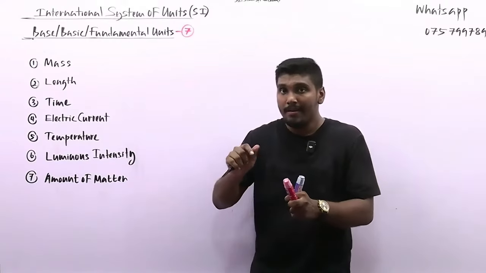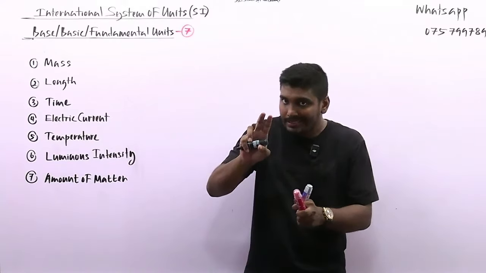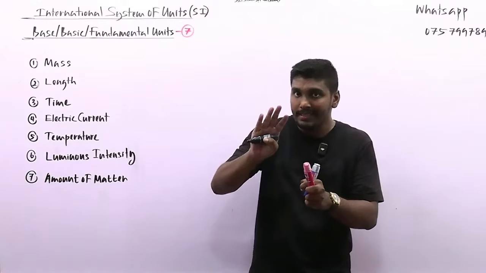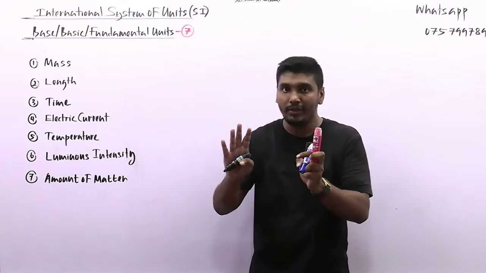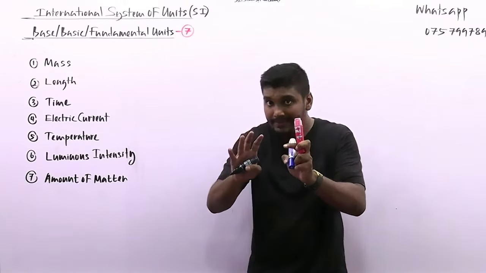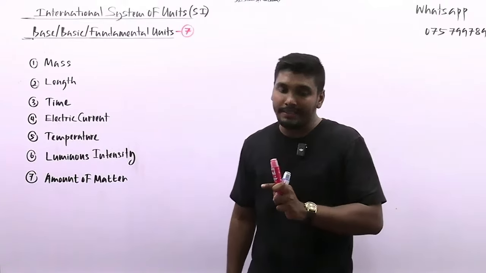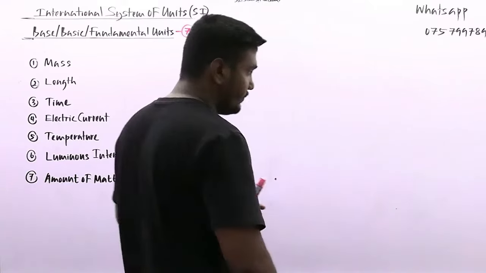You must remember: mass, length, time, electric current, temperature, luminous intensity, and the last one is amount of matter. You must remember these 7 basic physical quantities. And now their units.